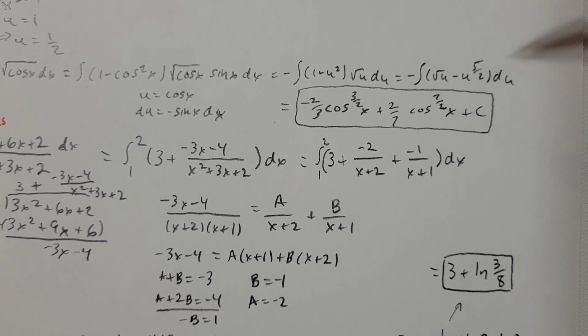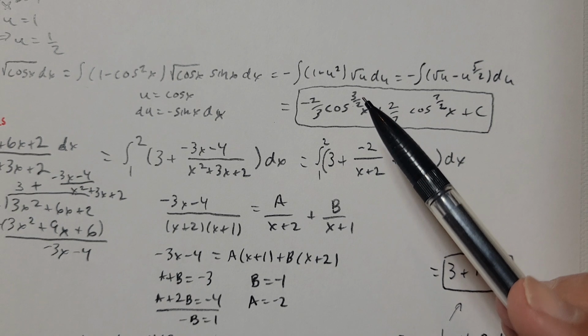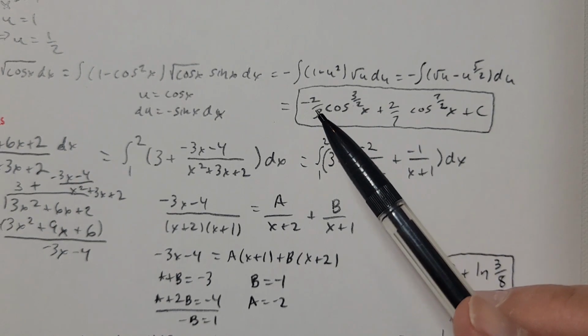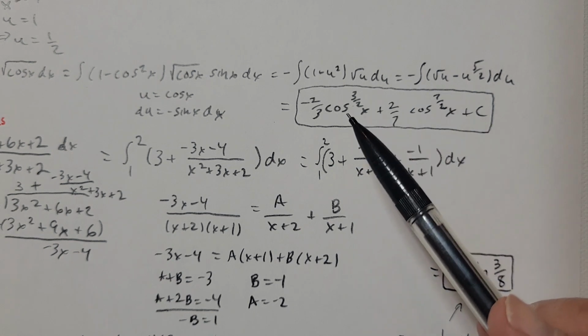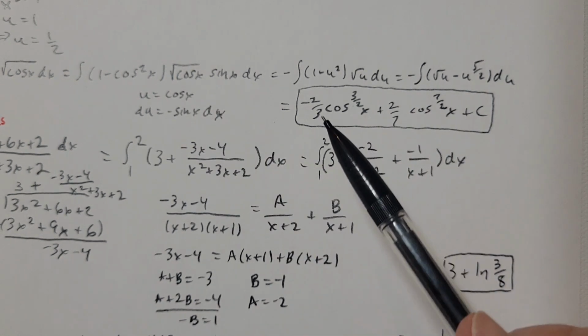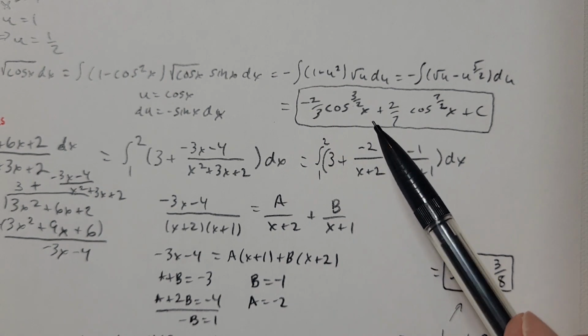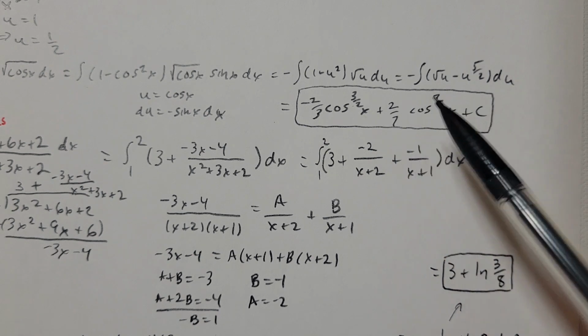Okay, and then I can get the antiderivative. So I'm going to have u to the 3/2 times 2/3, and the negative is going to come into that term, right? I'm replacing u. u is cosine x. So negative 2/3 cosine to the 3/2 of x plus, and negative times negative is positive, right?